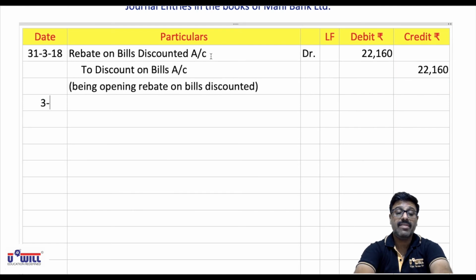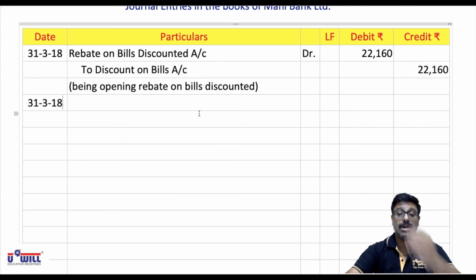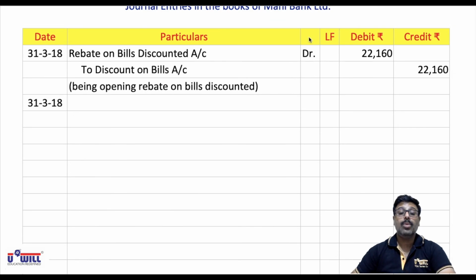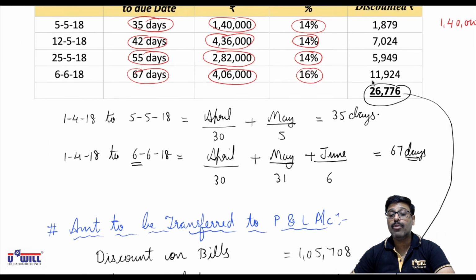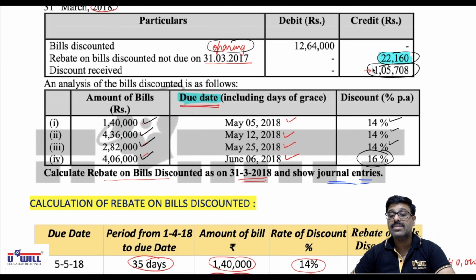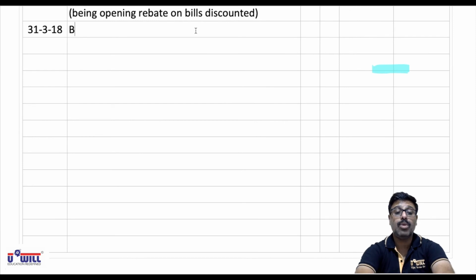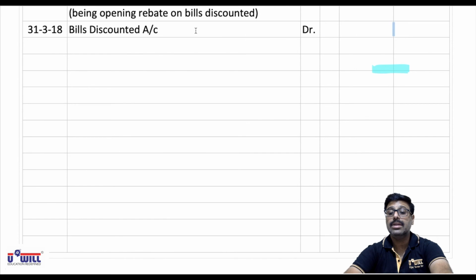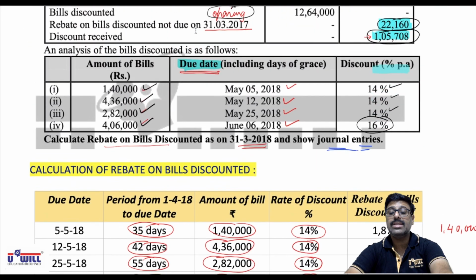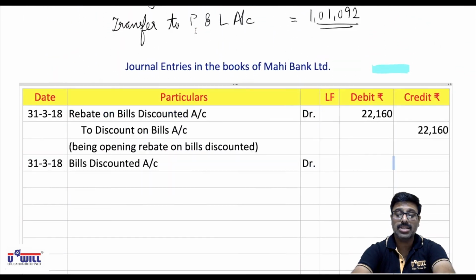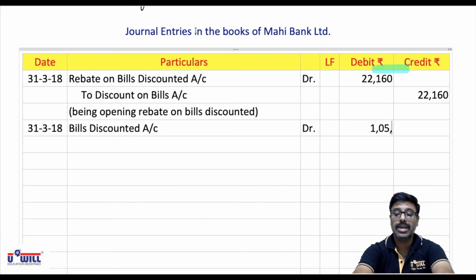Now next entry we will pass for 31/3/18, same year ending date, for the current year's discount income. What is the current year's discount income we have over here? 105708. So what is the normal entry we pass for discount income of current year? Bills discounted account debit, what amount? 105708.